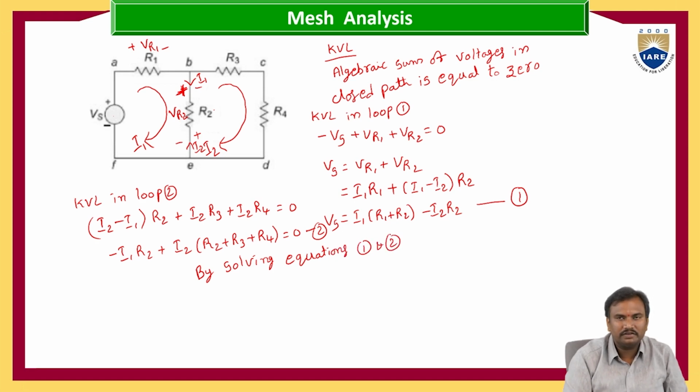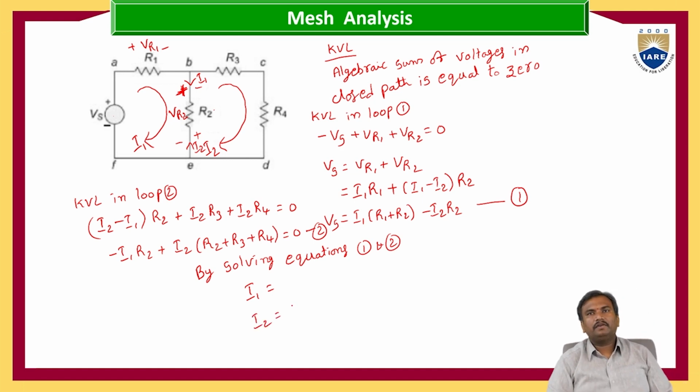By solving equations 1 and 2, we will get the I1 value and I2 value. This is the way we are going to calculate once the values of resistances and voltage source are given.